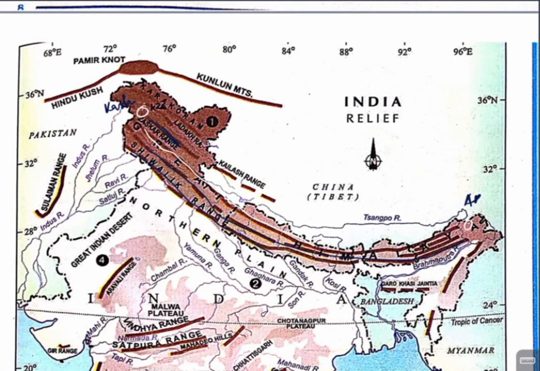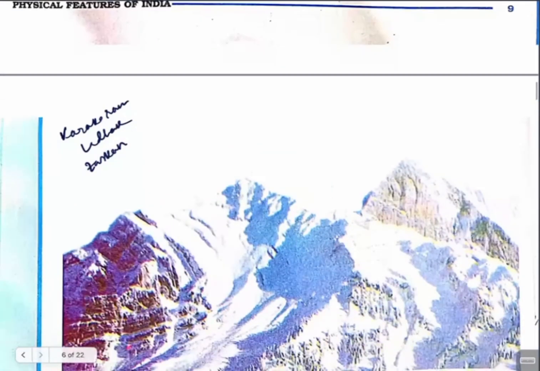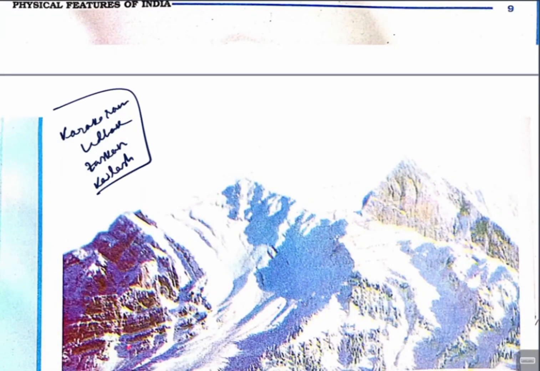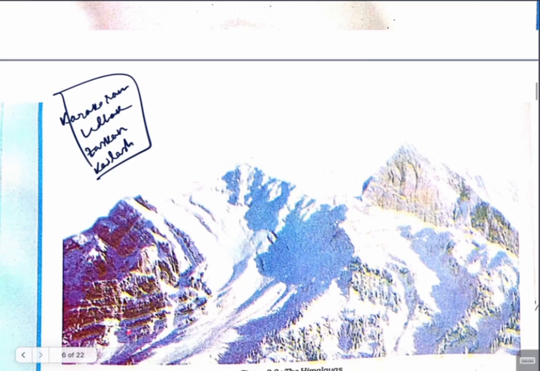This is the Zaskar range, and there is another called Kailash. So these are mainly the four sub ranges of the Trans Himalaya. The Kailash range also has a peak called Mount Kailash.